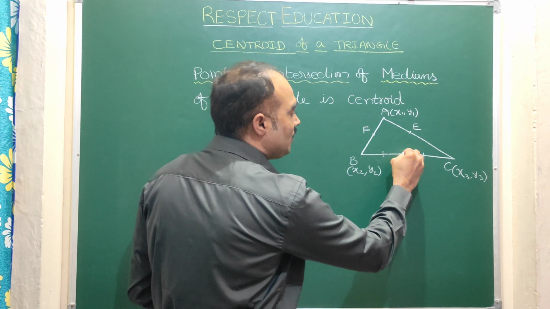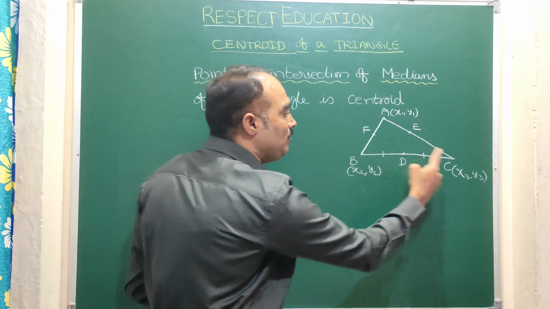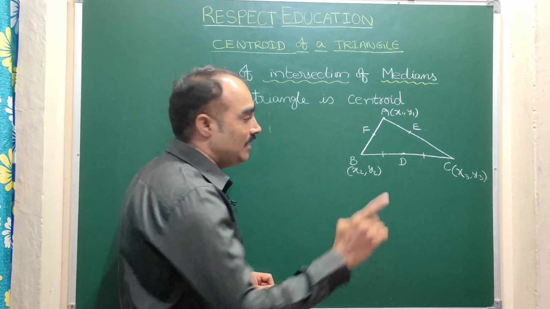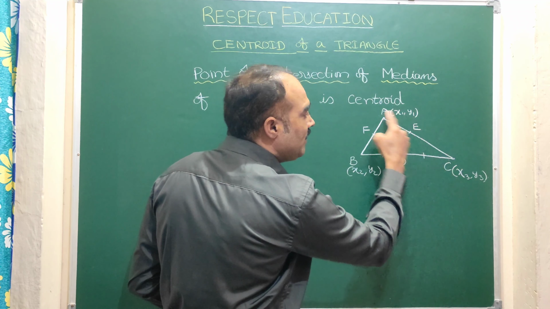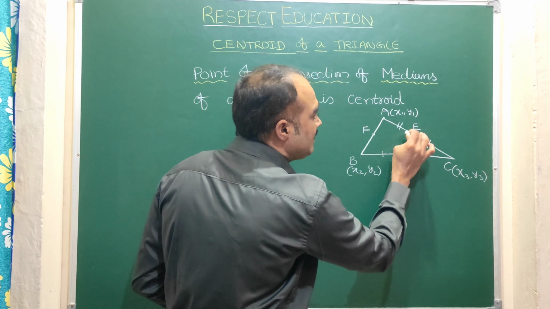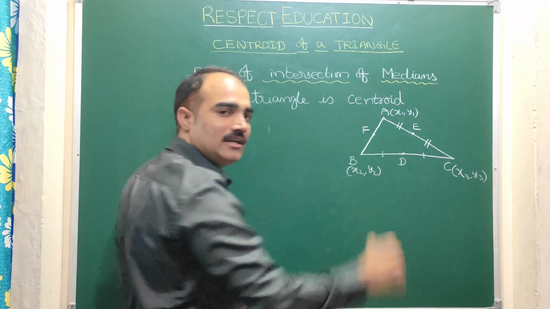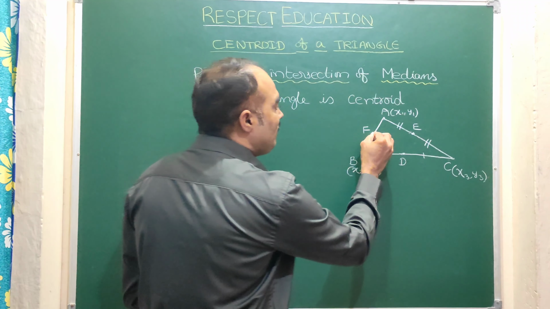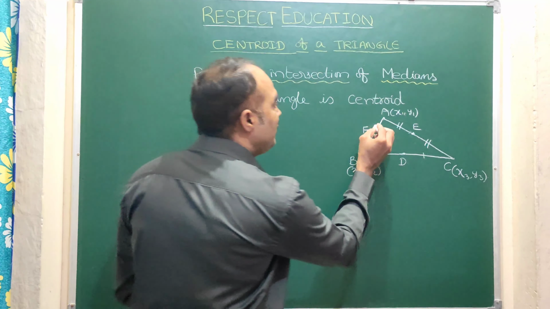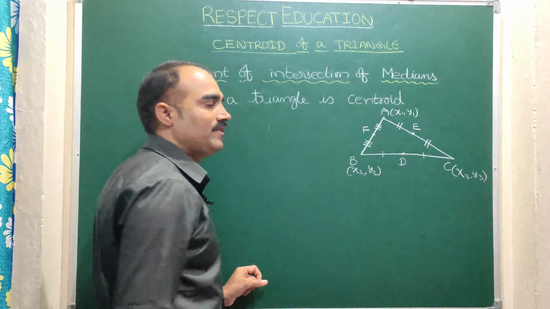So here let us come back to D. D is the midpoint of BC. E is the midpoint of AC, means AE is equal to EC. The distances are equal. Same way, when you take F as the midpoint of AB, here AF is equal to FB. Clear?